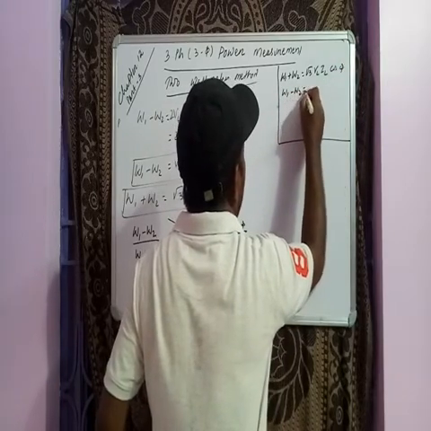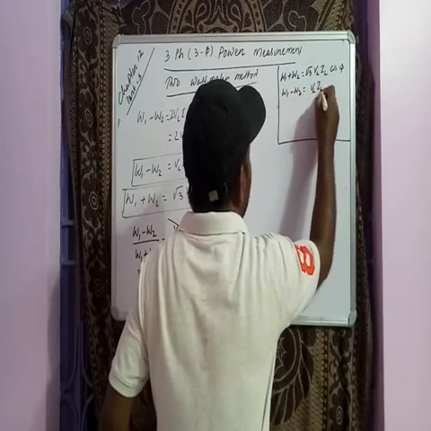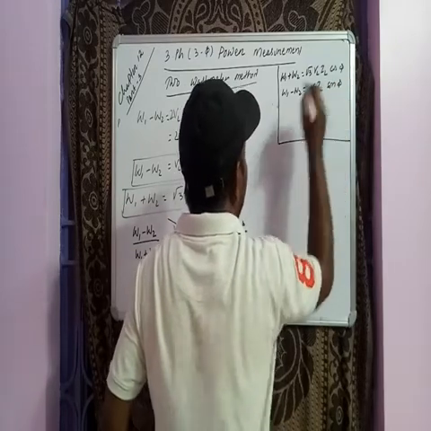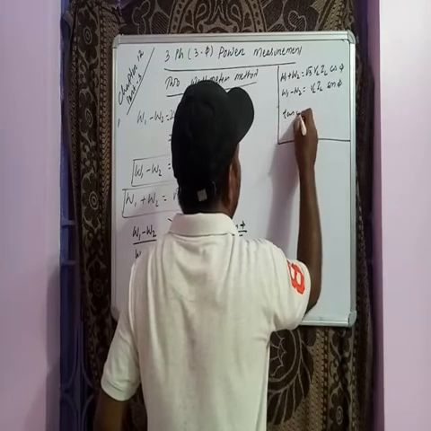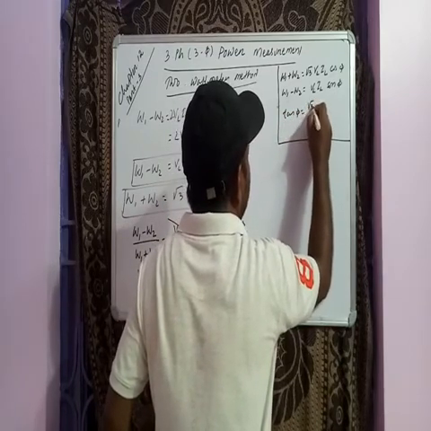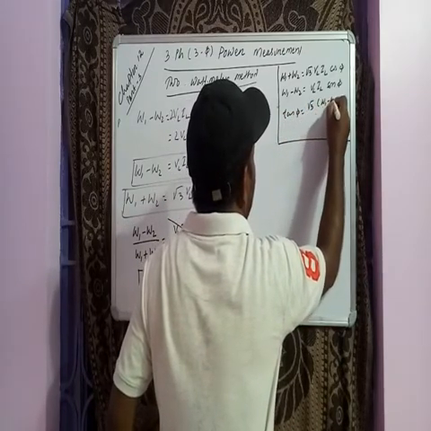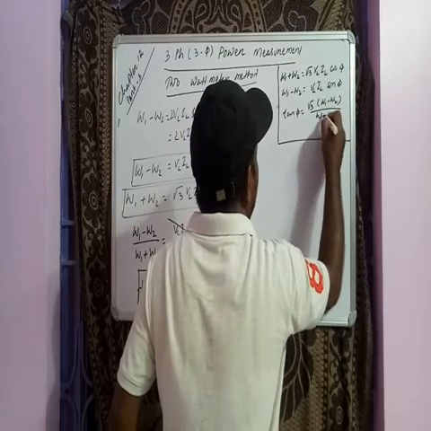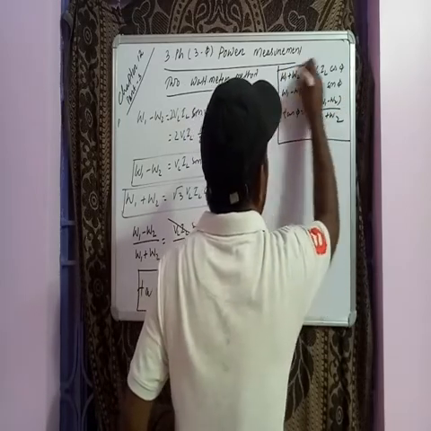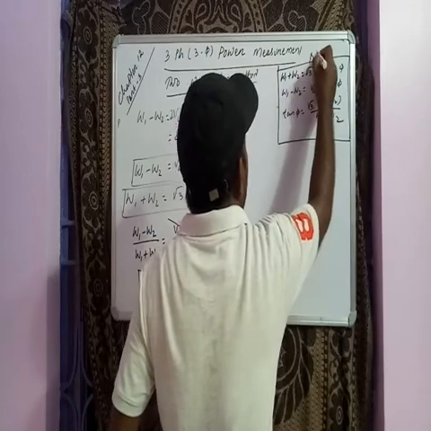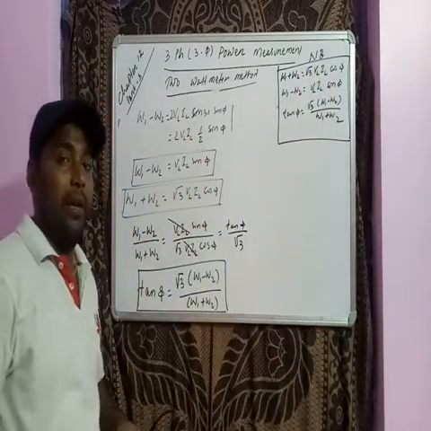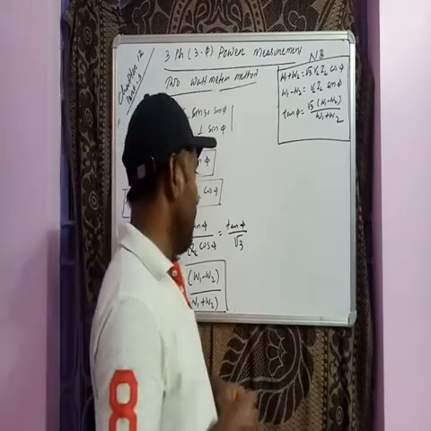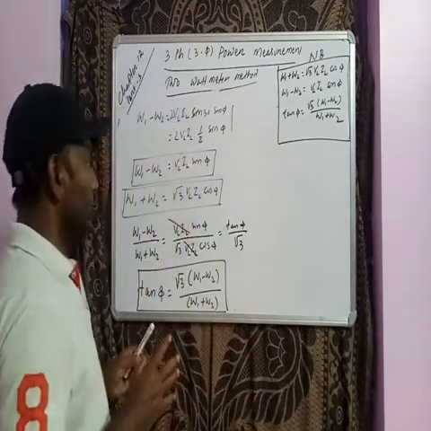W1 minus W2 is VL IL sin phi, and tan phi is equal to root 3 (W1 minus W2) by (W1 plus W2). So these three important formulas you have to remember.